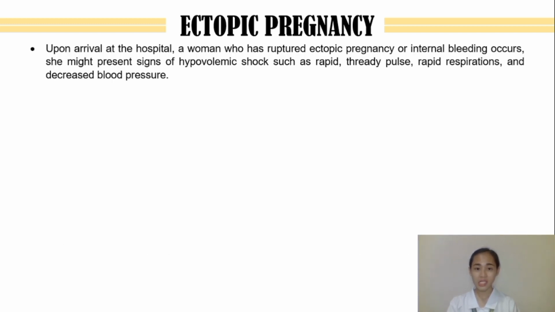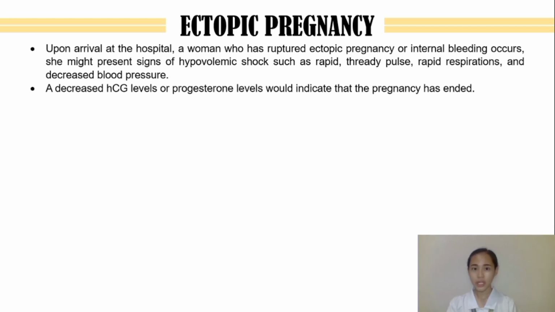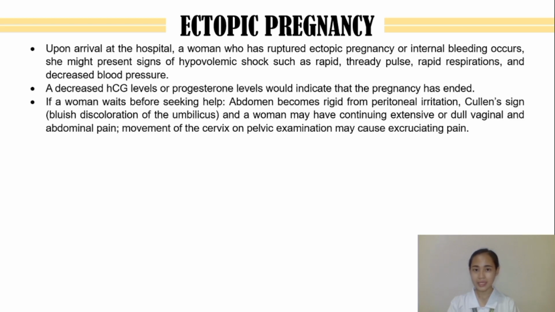Upon arrival at the hospital, a woman who has a ruptured ectopic pregnancy may have internal bleeding. She might present signs of hypovolemic shock such as rapid, thready pulse, rapid respirations, and decreased blood pressure. Decreased HCG or progesterone levels would indicate that the pregnancy has ended.